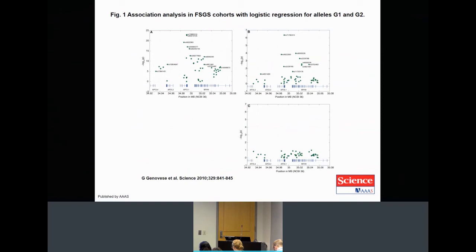And once we remove both of them, so we include them as explanatory variables in our logistic regression, we see no signal left for MYH9 mutations or any other mutations. So we've proved that by using these two mutations, in particular in a recessive mode of inheritance model, we explain all the association signal in the region.